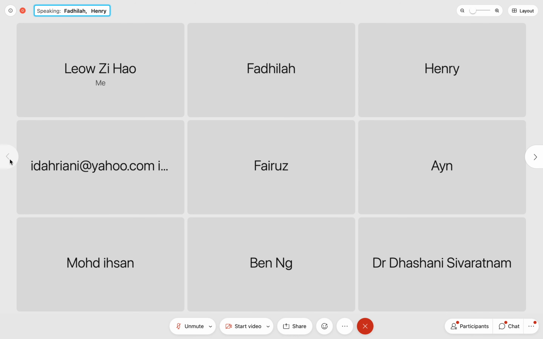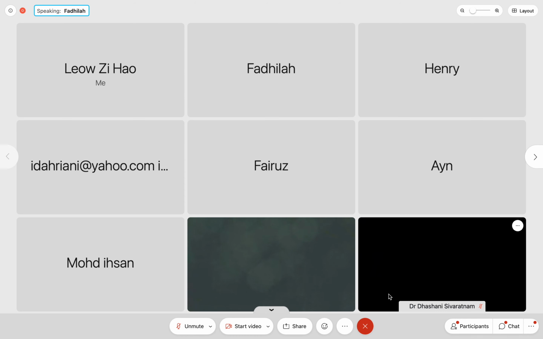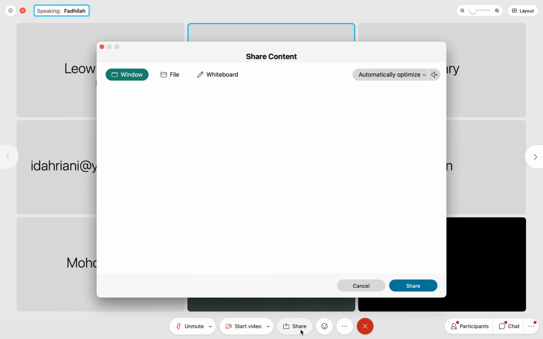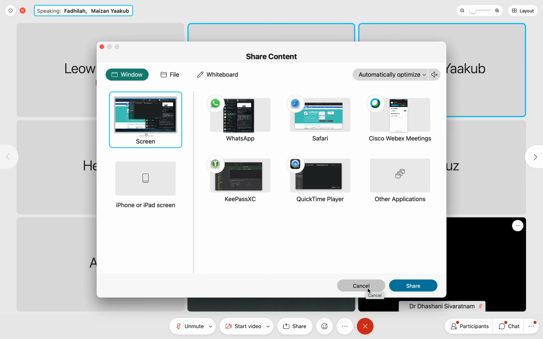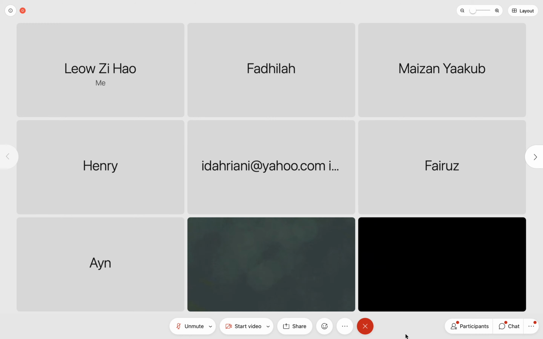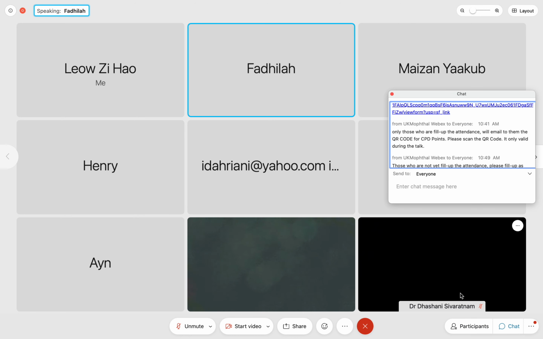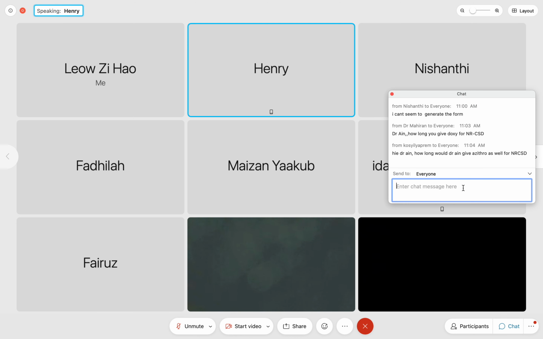But now I don't have the button to tick. Can you see the three dots?